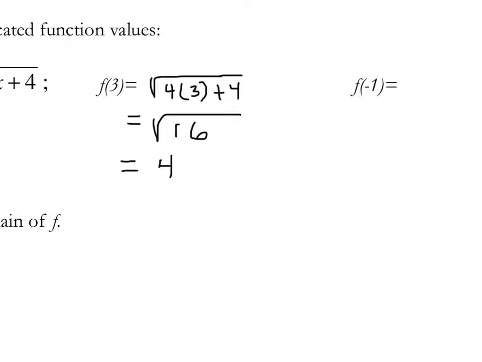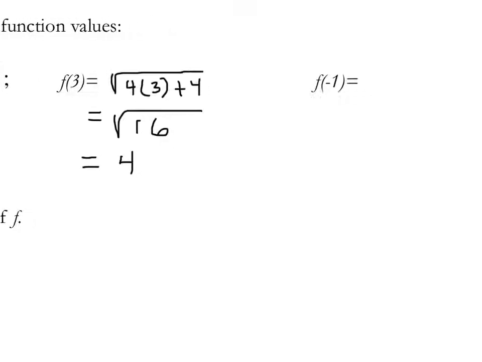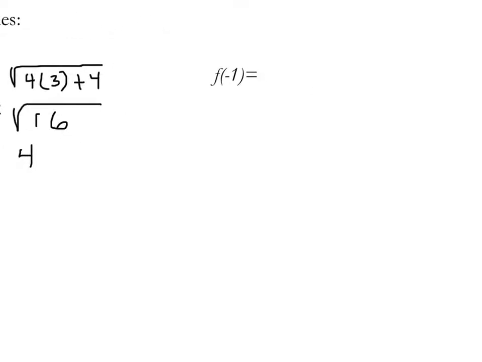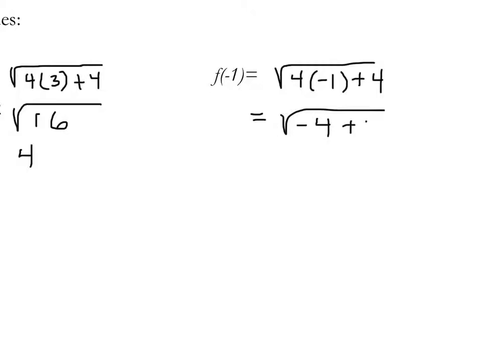How about f of negative 1? This time we're going to substitute negative 1 into our equation. So it is the square root of 4 times negative 1 plus 4. That's negative 4 plus 4. That's the square root of 0, and the square root of 0 is 0.